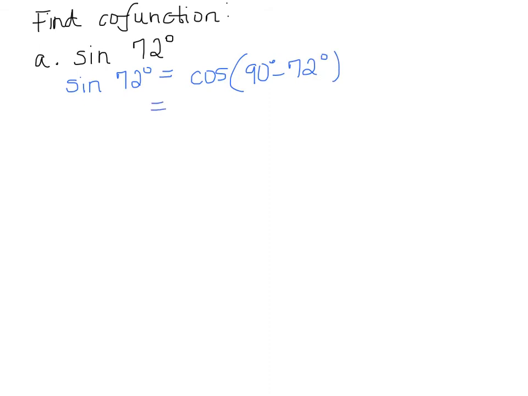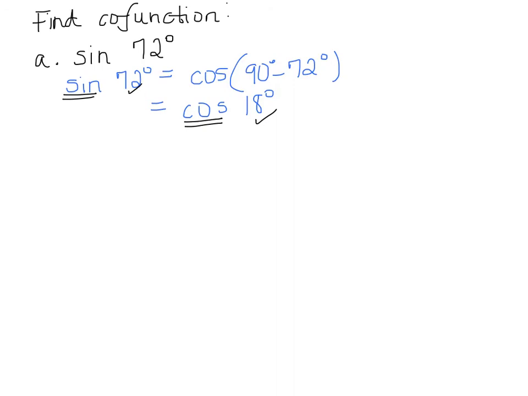And so 90 minus 72 would give us 18. So sine of 72 degrees and cosine of 18 degrees, these two are cofunctions of each other. And you'll know because these two angles have to add up to 90. And then sine is the cofunction of cosine.